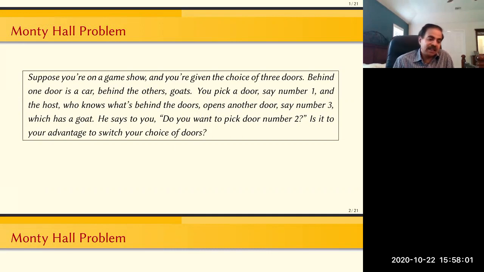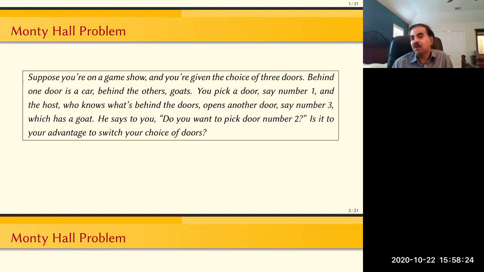The host wants to increase the odds of you winning the car, or maybe not. But what happens is that once you pick a door, the host opens one of the remaining doors and shows you, look, there is no car there.